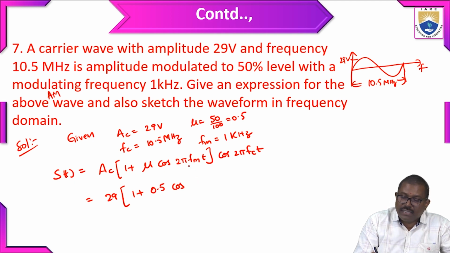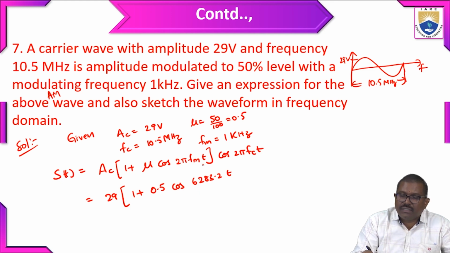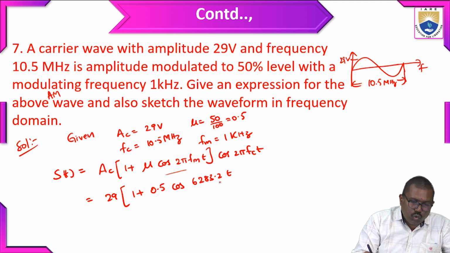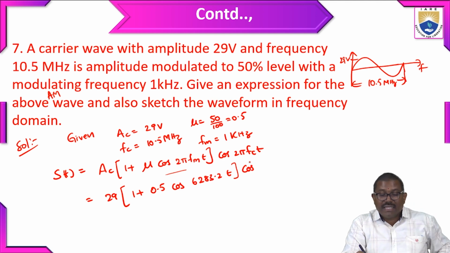So 2 pi fm, where pi value is 3.14. When you multiply, you get 6283.2 t, with the 1 kilo multiplied in. So inside the brackets is 1 plus 0.5 cos 6283.2 t, and outside the brackets is cos 2 pi fct.